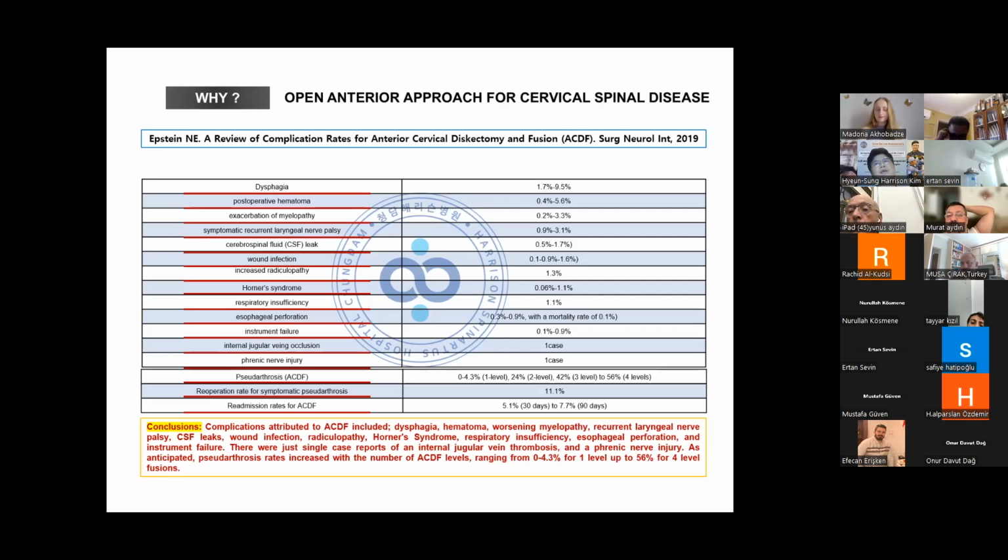But if we can do it more safely and with more minimized options, not only posterior but also anterior, we can more easily manage and access the patient. That gives the patient a better chance to return to normal life.